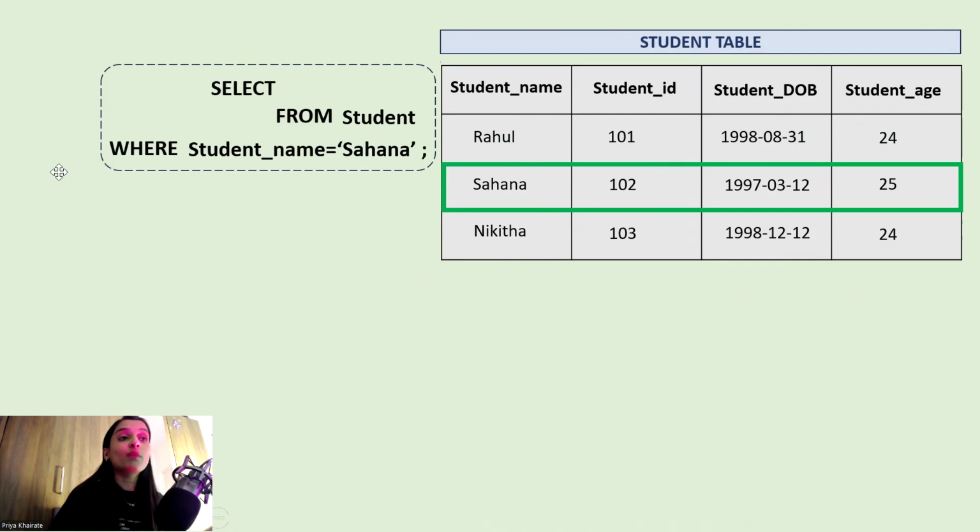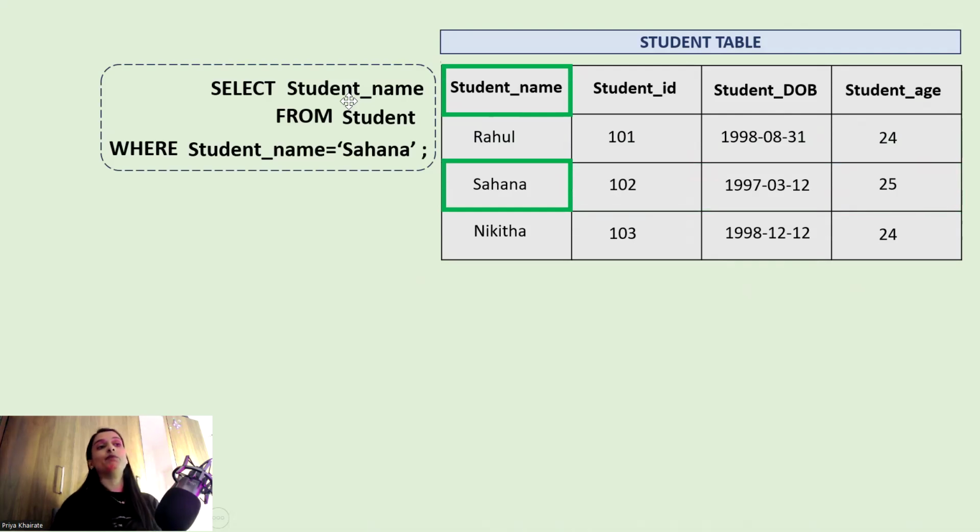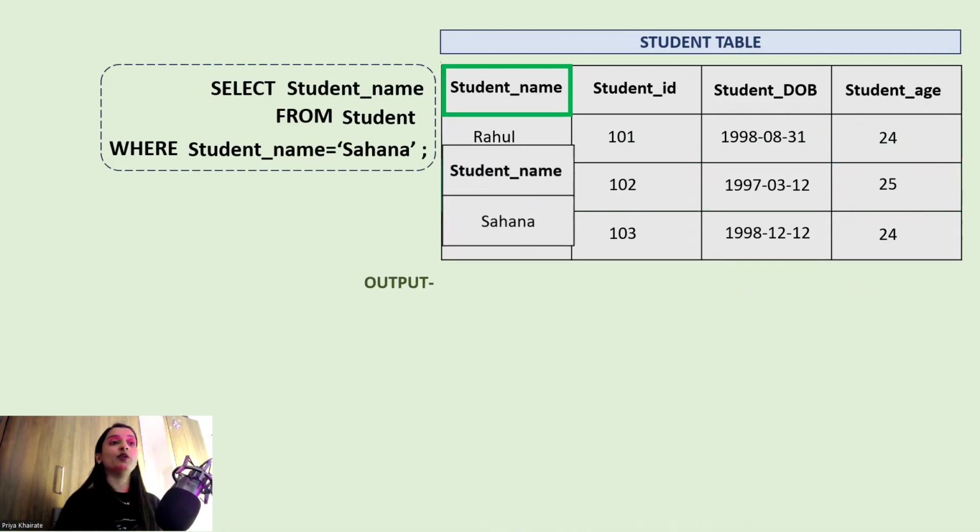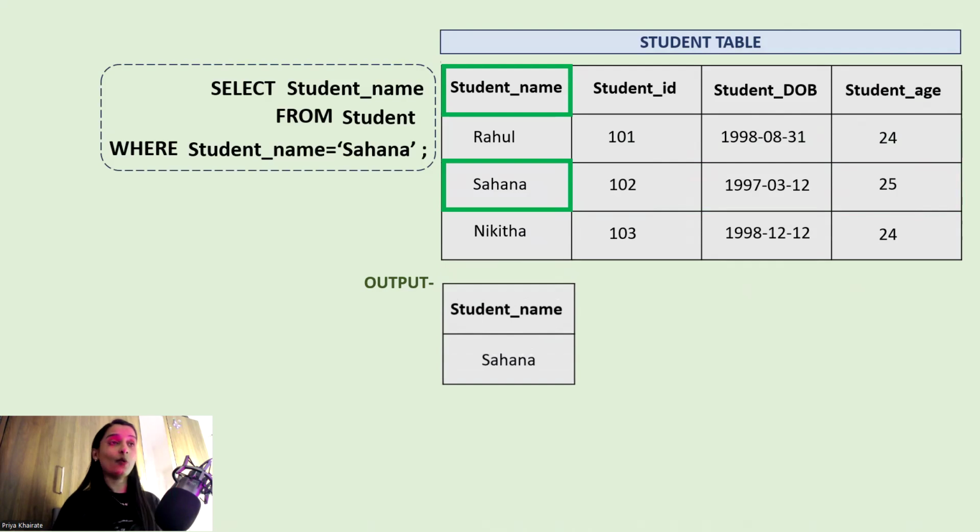So now from this row, wherever it has targeted, what do you want to return? I want to return only student name. And this will be your output. Okay. So in this query, carefully observe and you tell me, are we filtering rows? Yes or no?